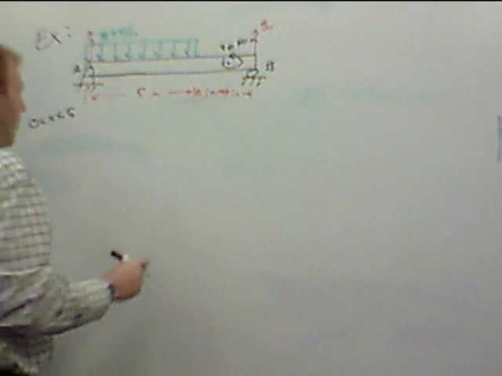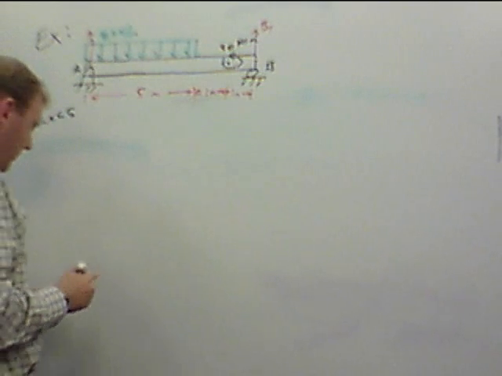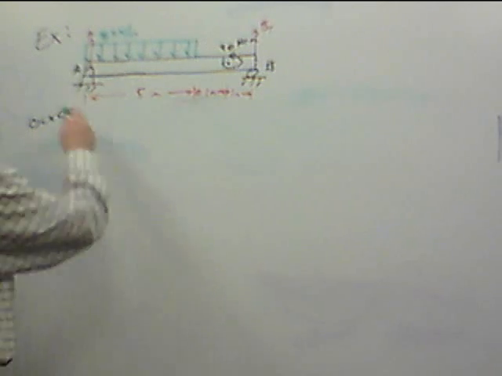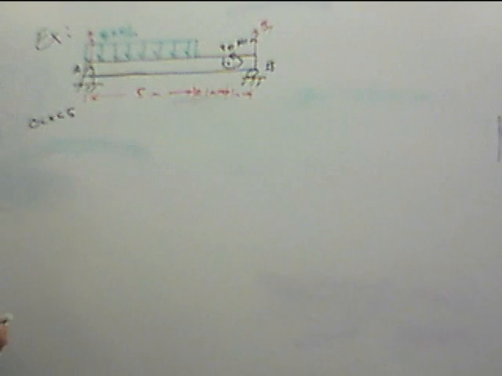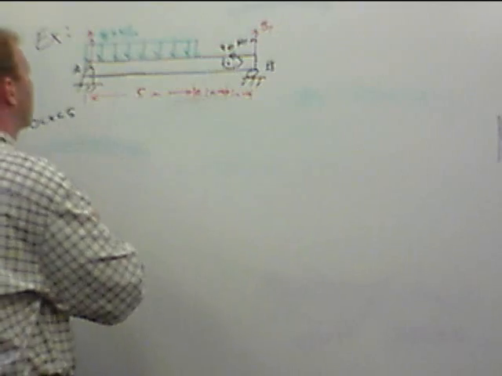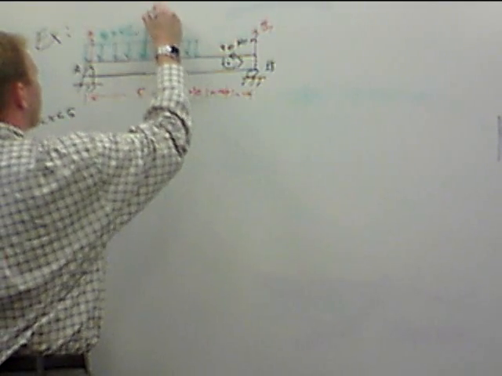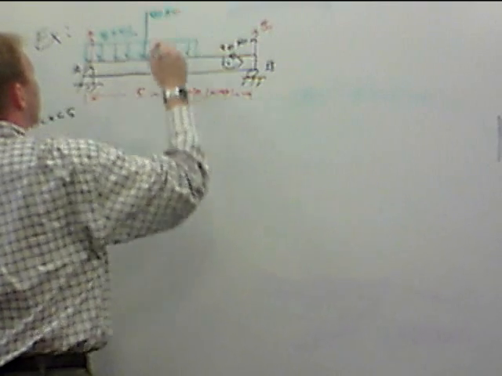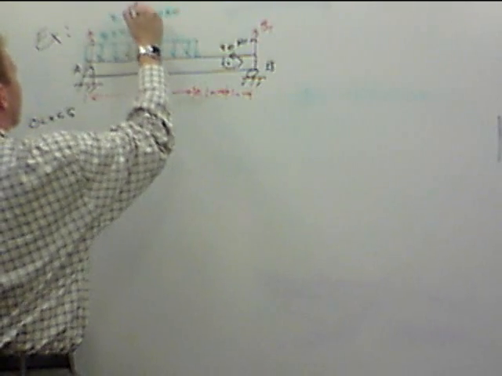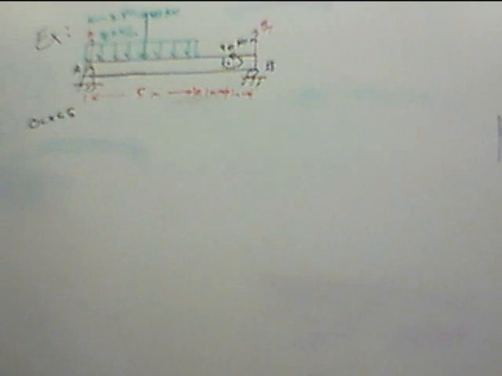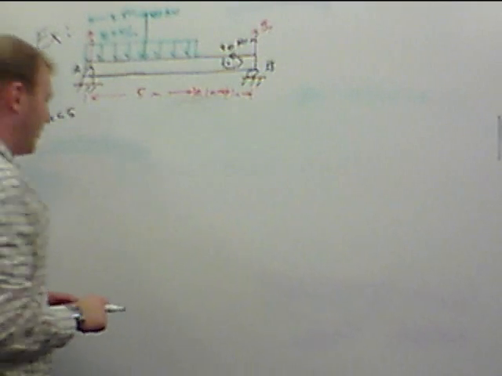Okay, we're going to reduce our distributed load into a single force. This is 8 kilonewtons per meter times 5 meters, that means it's 40 kilonewtons. It's going to be right in the middle here at 2.5. So for now, we're going to say this is 40 kilonewtons at a distance of 2.5 meters from A.